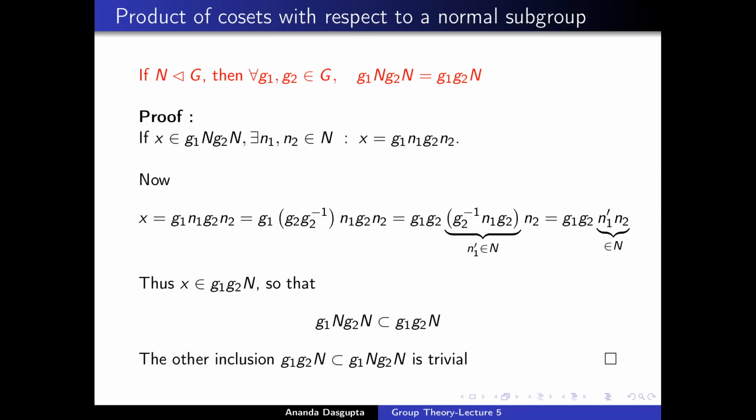At this stage, you may have a bit of a doubt about which element does a particular coset correspond to. And this is very easy to see. Instead of saying that a particular coset is G1n, that is, it corresponds to G1, you could take any other element, let's say G1 prime in that coset, and call that coset G1 prime n.